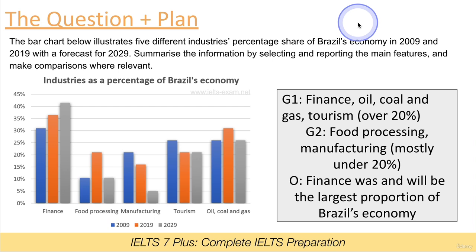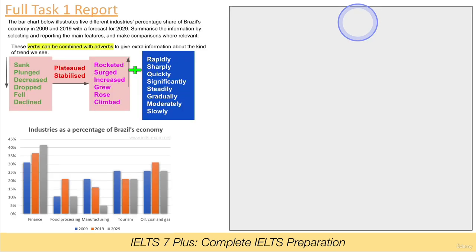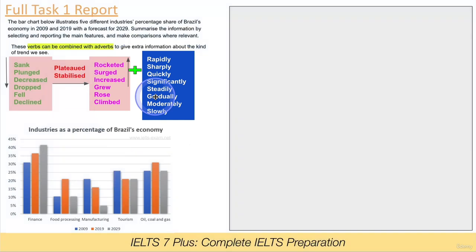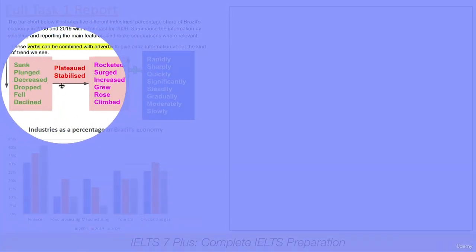All right, so once the plan is done, we can go to our write-up. So we have the question here, and we also have some lovely words that we can use which really help us put our point across. So we have verbs and different synonyms for words like decreased, increased, stayed the same.